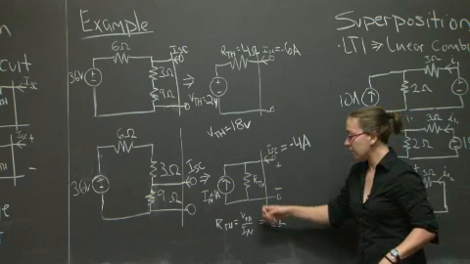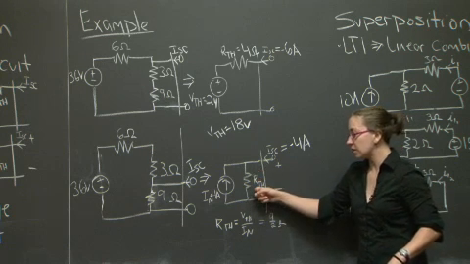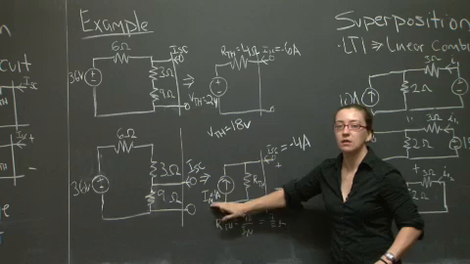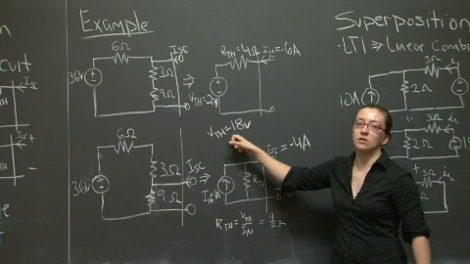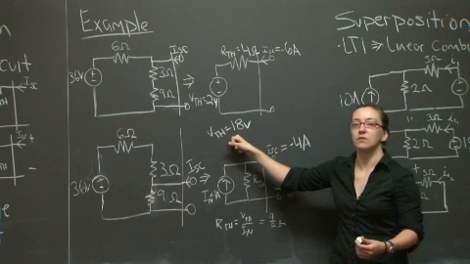And if I were to solve back out for the voltage drop across this resistor, just as a consequence of I Norton, I would get 18 volts, which is also the Thevenin equivalent voltage for this circuit.